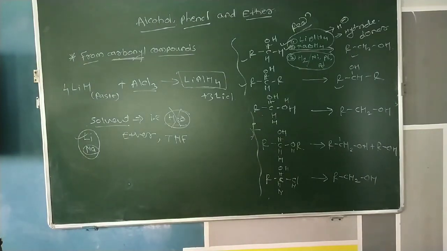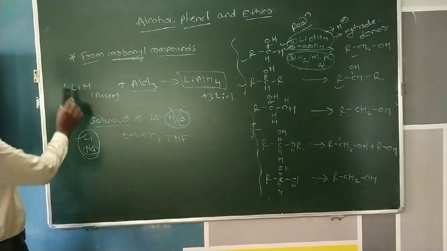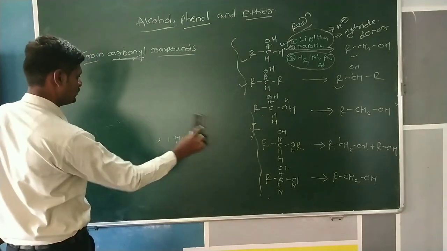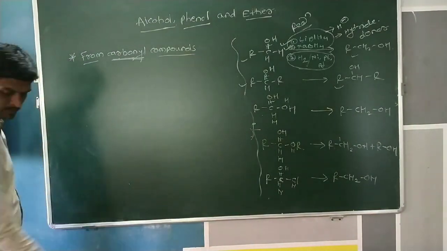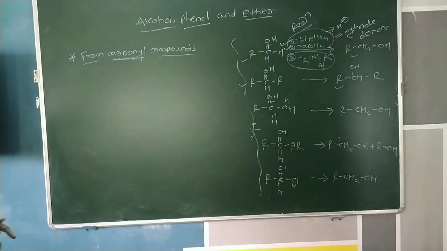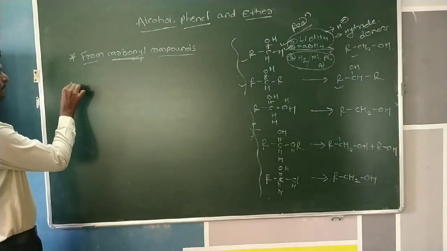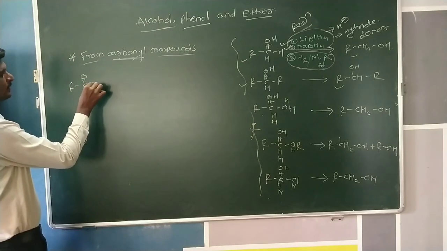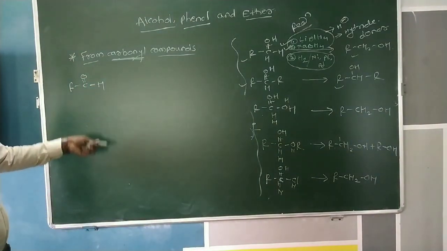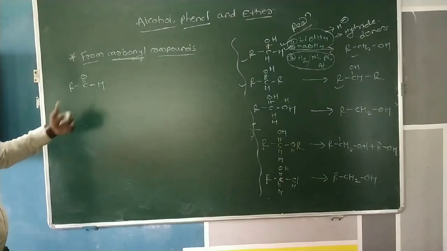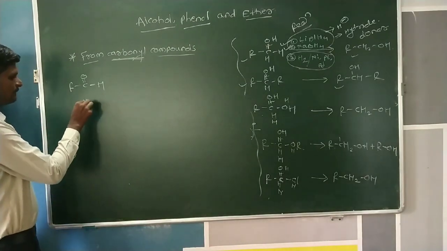Then by using lithium aluminum hydride we can prepare the alcohol by using a carbonyl compound. This is one of the carbonyl compounds, it is an aldehyde.